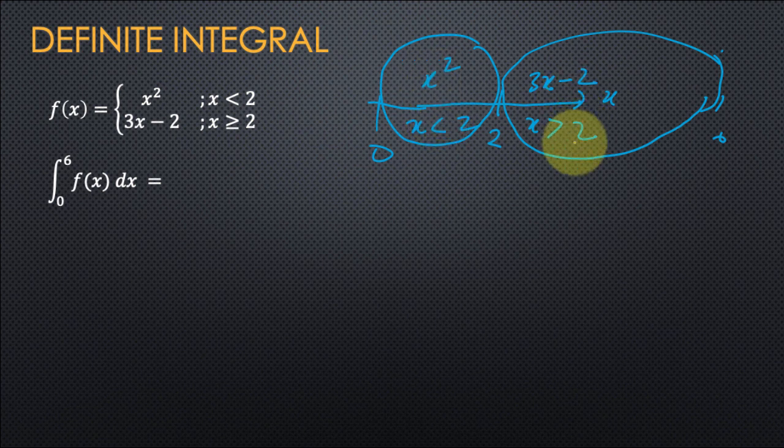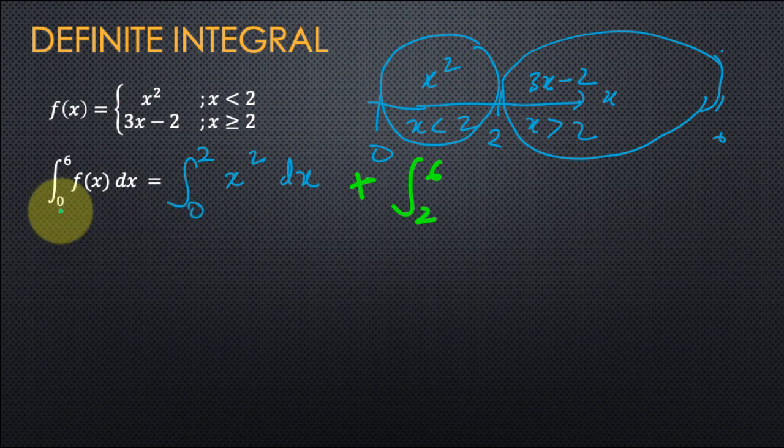For x greater than 2, fx is equal to 3x minus 2. So what we can do now is, one is, we start from 0, is 0 until 2. So 0 until 2, this one, is x square. Plus, the other one is 2 to 6.